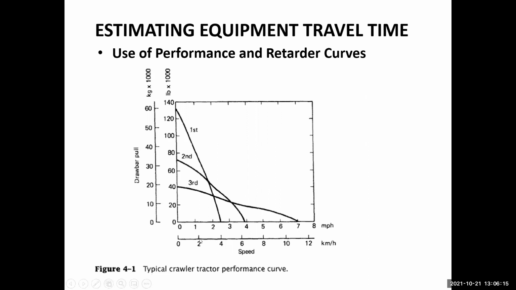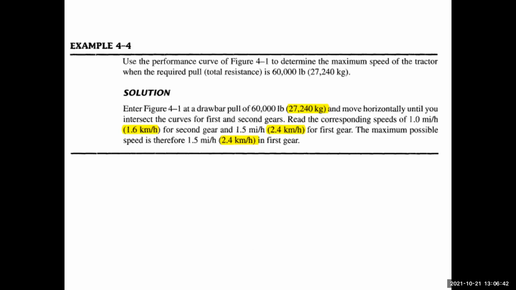Here you can see that this chart shows a speed only from about 0 to 12 kilometers per hour, under different drawbar pull conditions and for different types of gears. So we can use this to calculate the speed of the crawler tractors, and there will be a use of this chart in the examples.